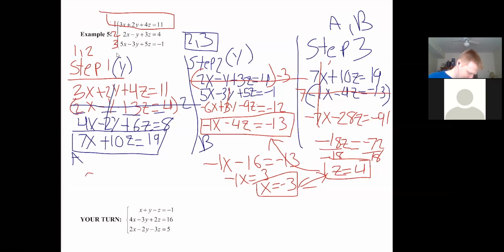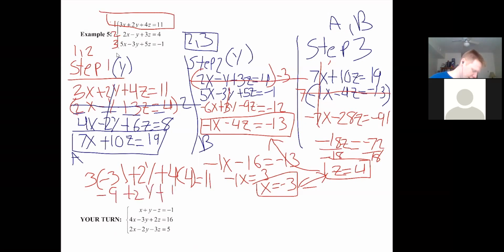So I'm going to plug in -3 for x. I don't know my y. And I'm going to plug in 4 for my z. I just want to see what my y will equal. So I'll have -9 plus 2y plus 16 equals 11.